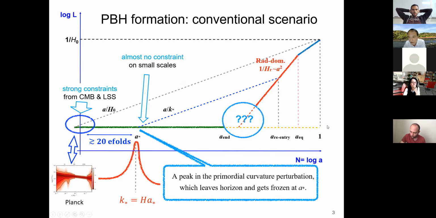On the horizontal axis, you have the log of the e-fold number, or the log of the scale factor of the universe. And the vertical axis is just the log of the length scale. Then expansion of the universe just goes along a linear line, proportional to the scale factor.